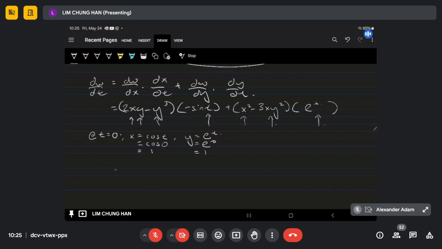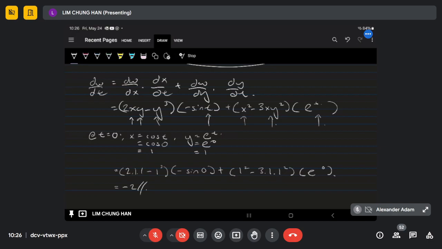So 2 times x, x is 1, y is 1, minus y is 1, so 1 cubed, times minus sine t, t is 0, plus 1 squared minus 3 times 1 squared, e to the power 0. You multiply everything together and you're going to get the answer. The answer should be, I think, -2.